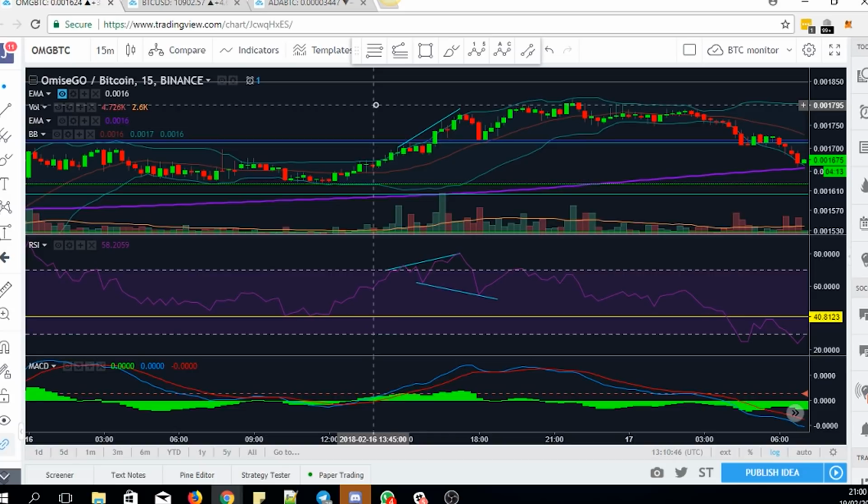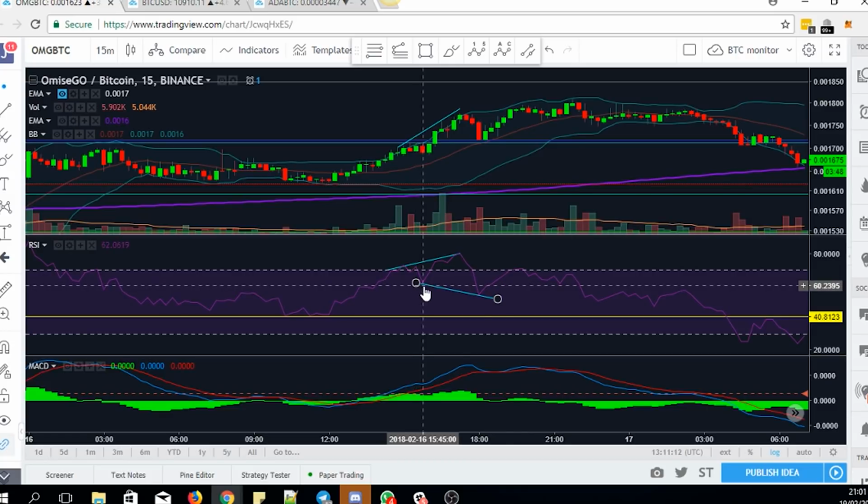These are going to be bullish. So let's start with bullish divergences. The price, we're seeing a lower low, the indicator, we're seeing a higher low. And that is the easy one to find. The hard one to find, or hidden, would be a higher low on the price and on the indicator a lower low.